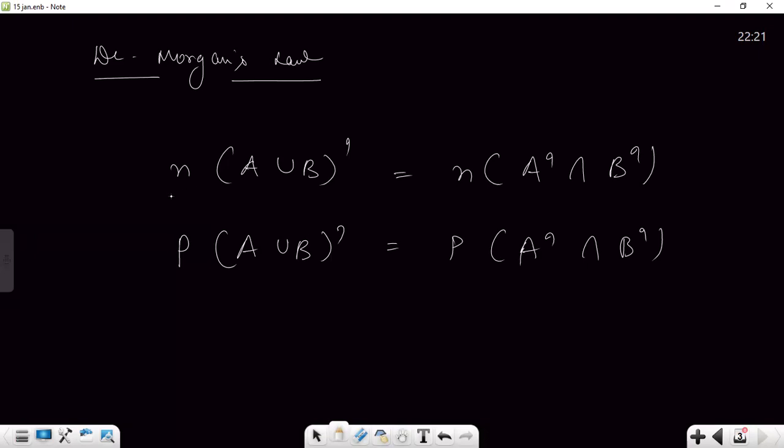What we have done, we have simply divided it by the number of elements in the sample space. That has become the probability. As simple as that. That's the application of De Morgan's law in probability, and it goes for both sides.